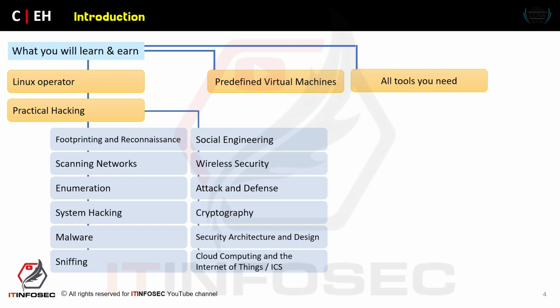Another item is system hacking. It is a very exciting part and points to any actions you may take for getting control of the target system. This is the main part of hacking. Maybe you want to send malware, you want to send a malicious link.